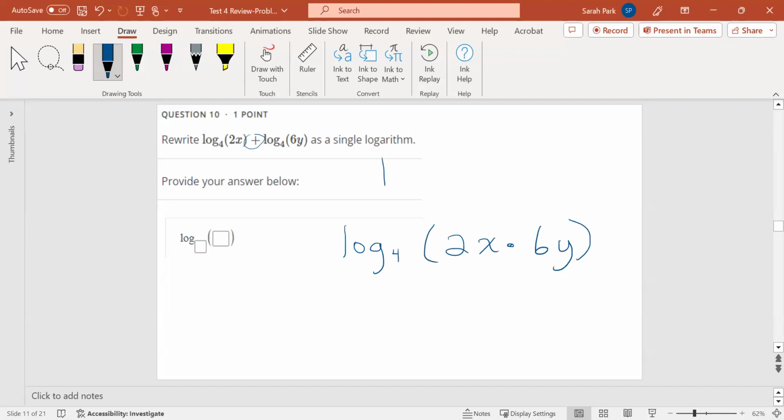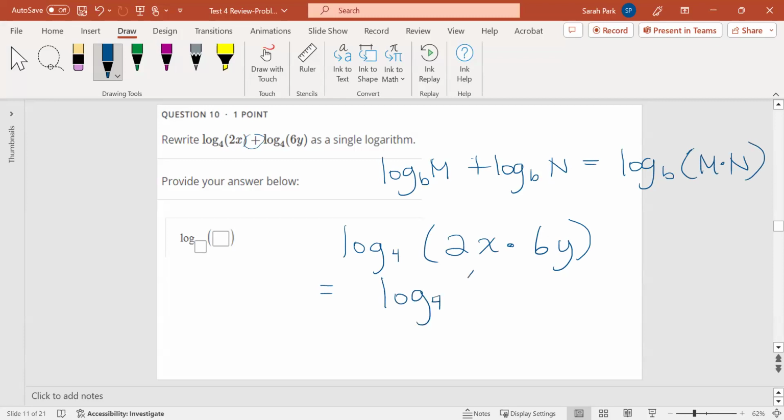And this comes from the rule where if you have log base b of m plus log base b of n, you can condense it and write it as log base b of m times n. And so we have log base 4, and I can combine the 2x times 6y and write it as 12xy. And so for this, you would type in the 4 here, and then the 12xy, you would type in that space.